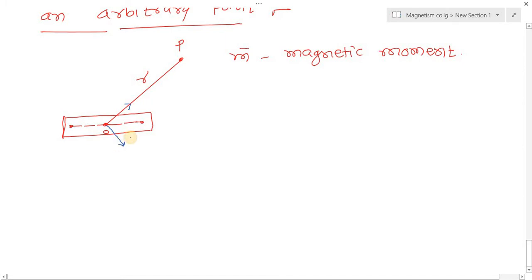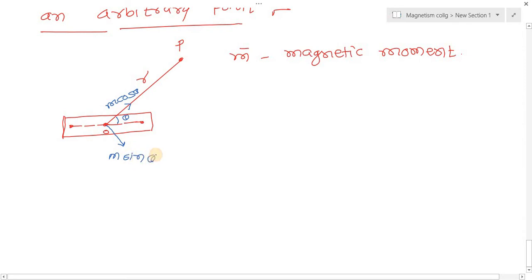The component along r bar is m cos theta, where theta is the angle made by the distance r bar with the magnetic moment m. The perpendicular component is m sin theta.